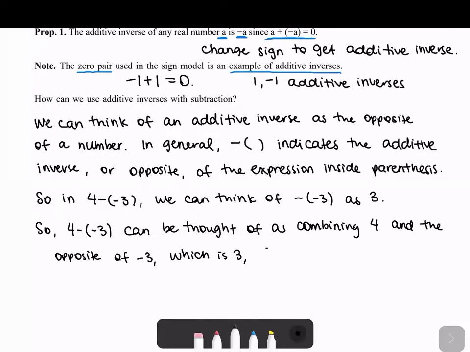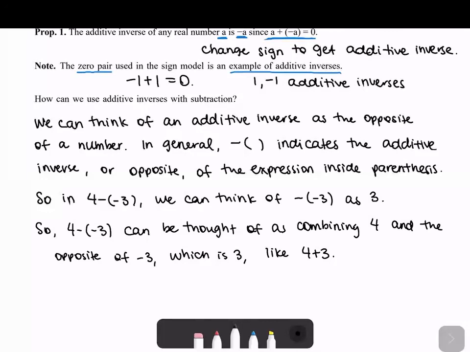So we can think about it as 4 plus 3. This isn't worded the best, but when we're looking at 4 minus -3, we can think of that as combining 4 with the opposite of -3, right? Which is just 3, so we can think of it as 4 plus 3. So having these properties of additive inverses can truly formalize what we're doing when we are adding and subtracting negatives: it's just adding or subtracting the positive.